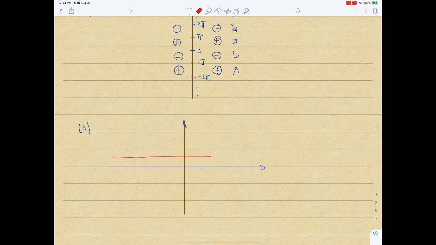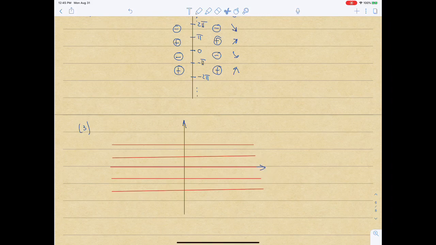So we have pi, 2 pi, we have 0, we have minus pi, we have minus 2 pi, and so on.